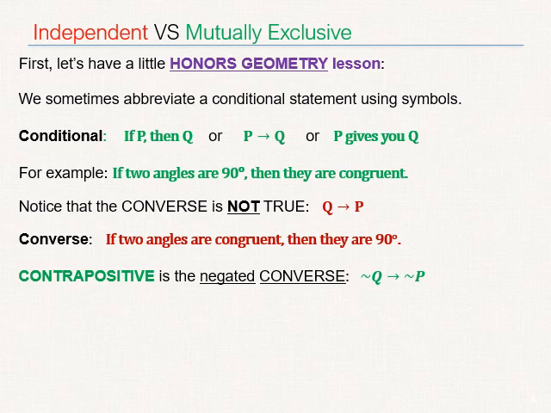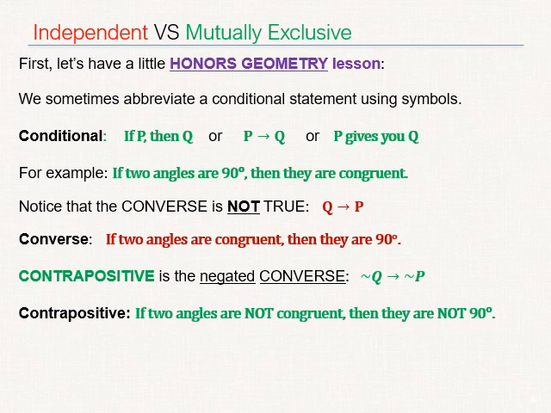Sticking with the same example about 90-degree angles, the converse is: if two angles are congruent, then they are 90s, and then we negate both of those. So we would say: if two angles are not congruent, then they are not 90. That's a true statement. If two angles are not congruent, then they can't both be 90 degrees.